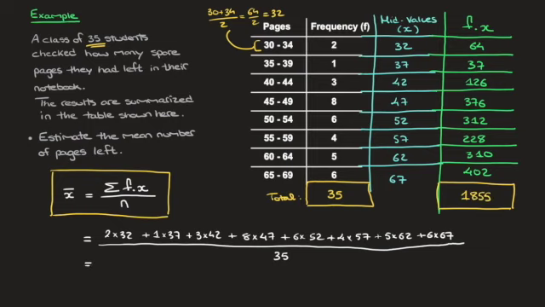And so the mean is equal to 1,855 divided by 35. And by all means check, but I find that's equal to 53. And that's the answer. And so the mean number of pages left is 53 pages.